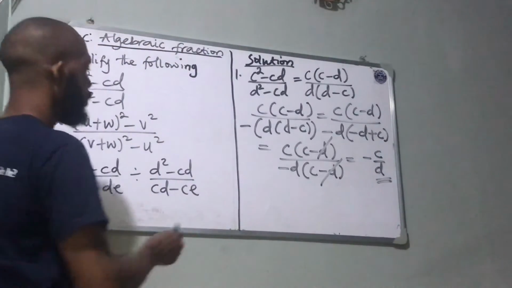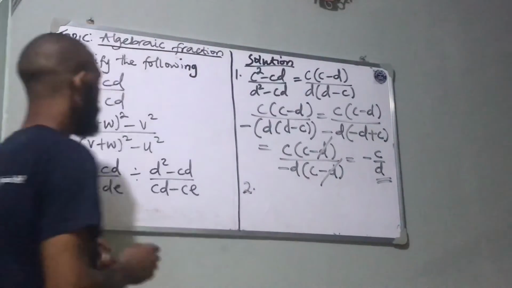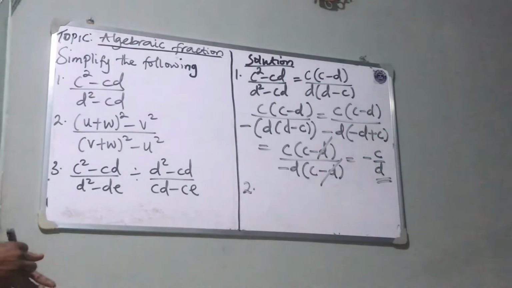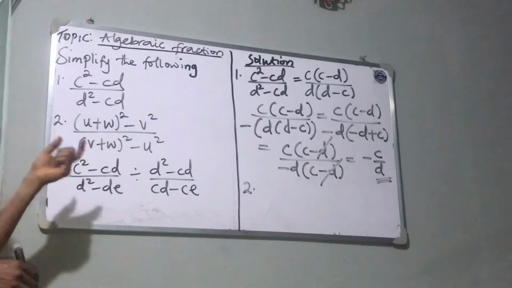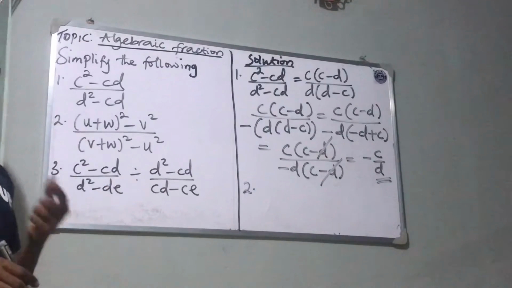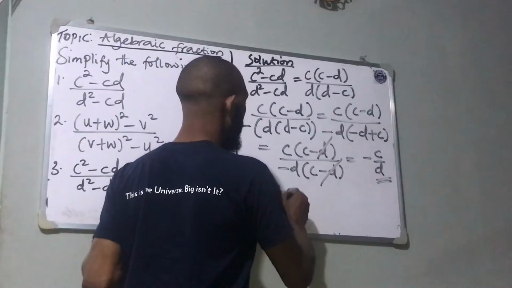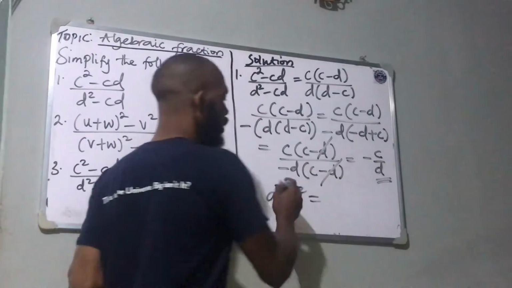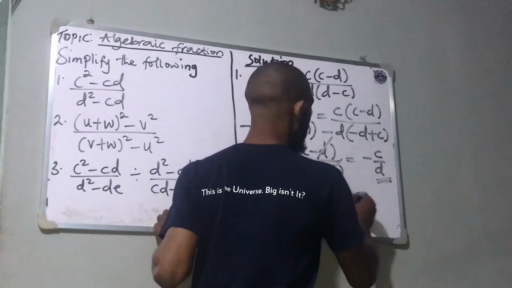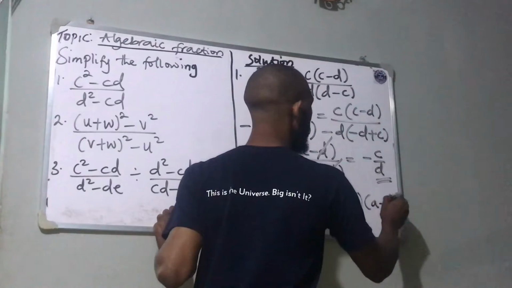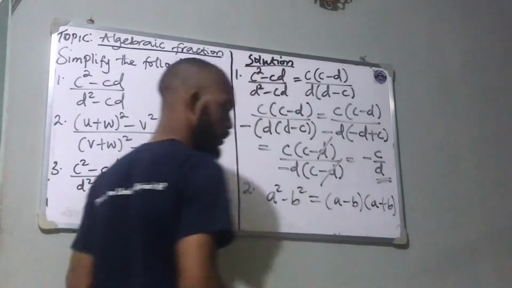Now, how do we solve number 2? We have this. If you look at this carefully, you notice that this is difference of two squares. Difference of two squares says if you have a squared minus b squared, this will become a minus b and a plus b.